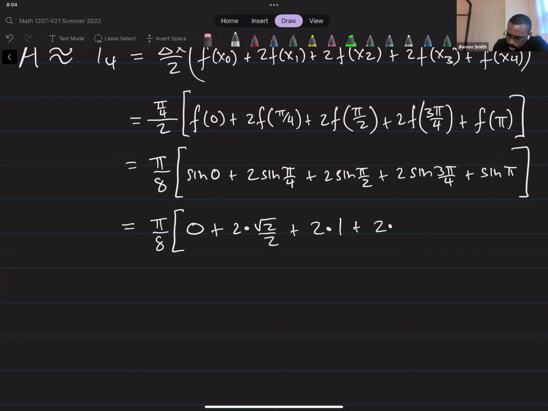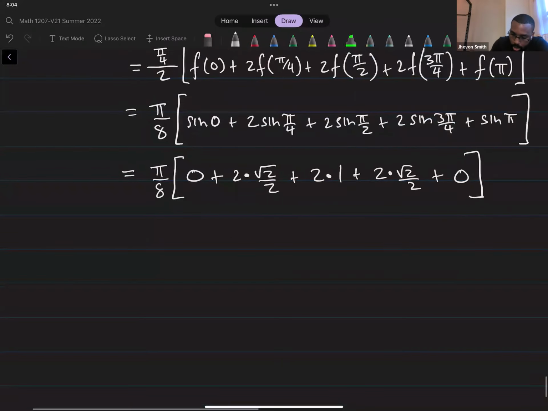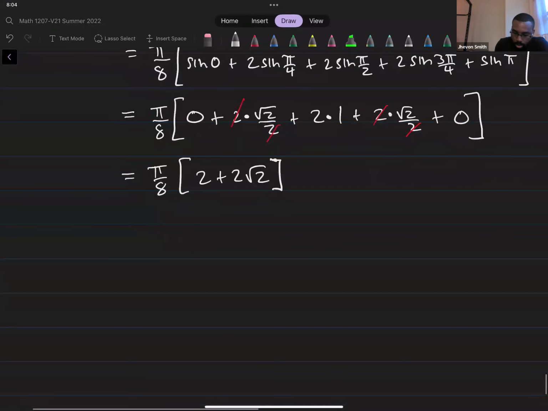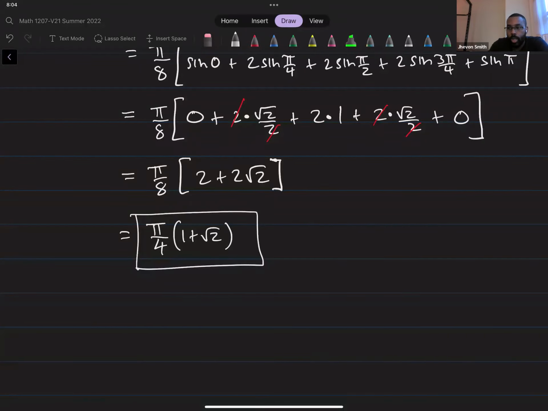All students take. So positive, and the reference angle is pi over 4. And then sine of pi is 0. So this cancels, this cancels. So I get pi over 8. And I have 2 plus 2 rad 2, which is like pi over 4 times 1 plus rad 2. That would be your answer. That's your approximate area.